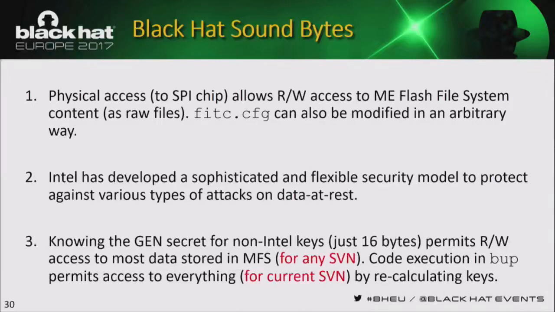For example, if you extract the confidentiality key, you will be able to just decrypt the password used for AMT, for remote access. It's just stored encrypted by AES, and we did that. So they have good security features, but not perfect.